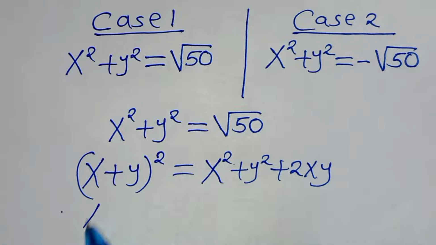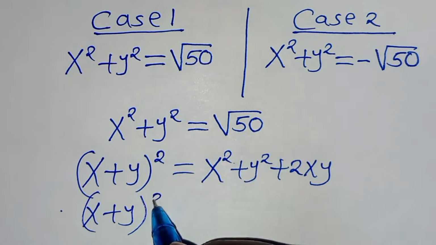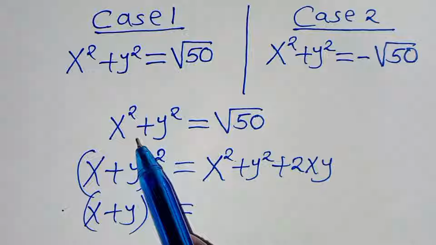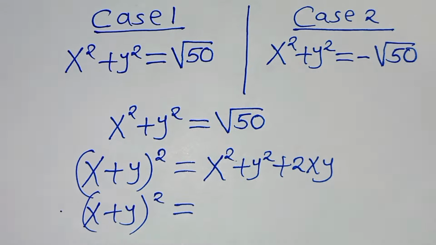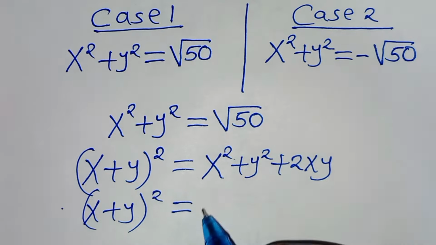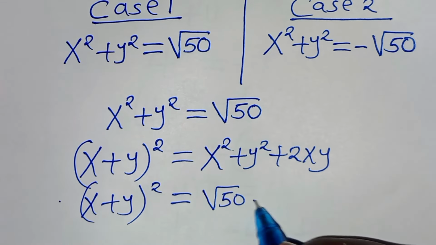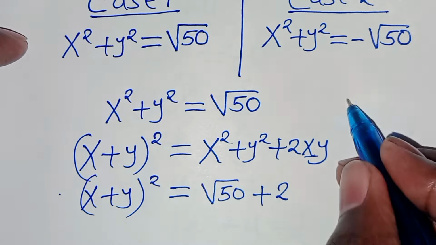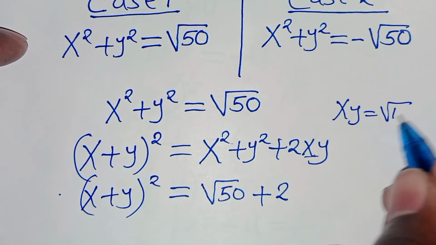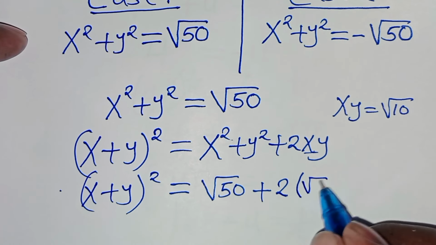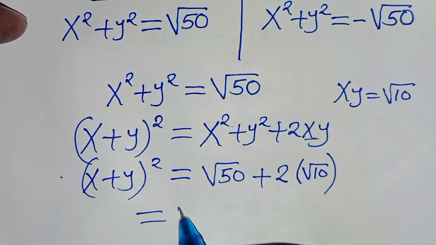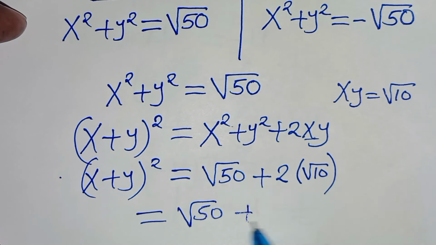So now here we have that (x + y)² is equal to x² + y², and this is what we have here, which is square root of 50, then plus 2 times xy. xy is equation 2. Remember, xy is equal to square root of 10. So we have 2 times square root of 10. So this implies that here we have square root of 50 plus 2 square root of 10.